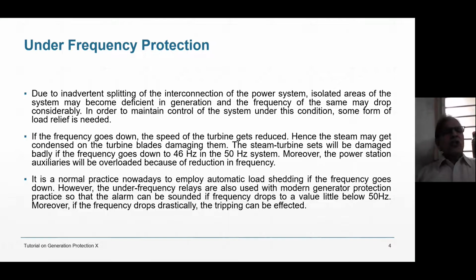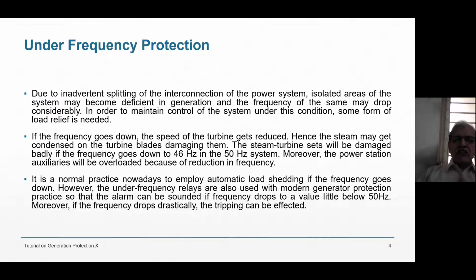So some 2 or 3 feeders are identified, and if the frequency goes below 49.8 or 49.9, then those feeders will automatically trip. With the under frequency relay, tripping is arranged in the protection schematic itself.